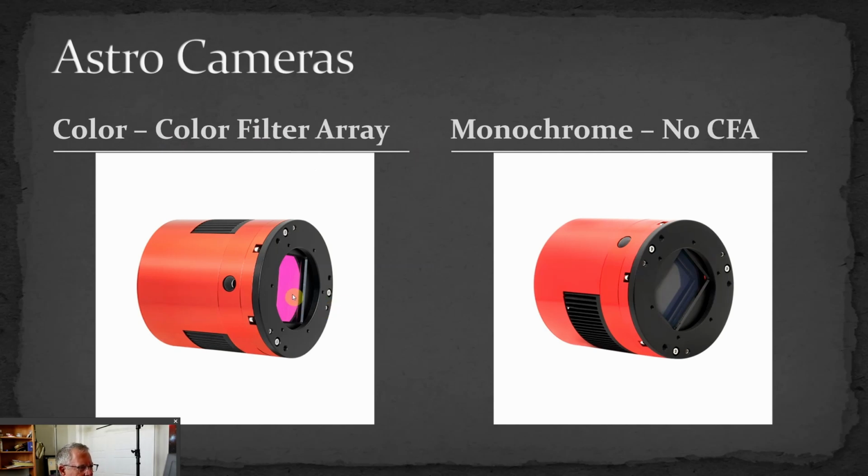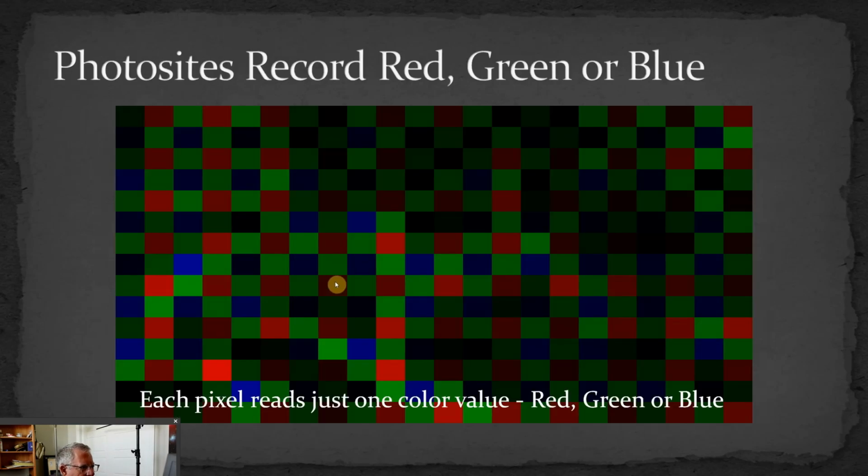Now, the way that color filter array works, if we look at the details on a color camera, each photo site has a little tiny color filter in front of it. And the most common is the Bayer matrix using red, green, and blue. And somewhat similar to the way our eyes work. Our eyes have red, green, and blue photo cells. Cameras have red, green, and blue photo sites, and it's red, green, or blue because of the filter that's in front of that photo site.